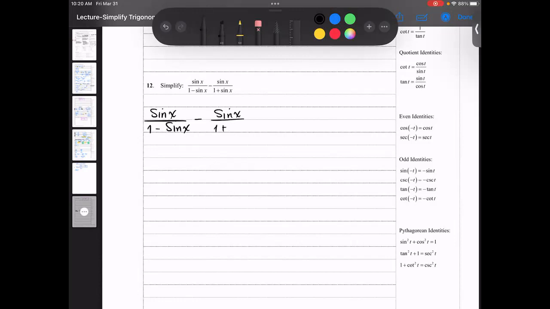What is my common denominator? What should I multiply the first one by? Yeah, 1 plus sine x over 1 plus sine x. Remember that. The expression is 1 minus sine x. I would put parentheses around those.